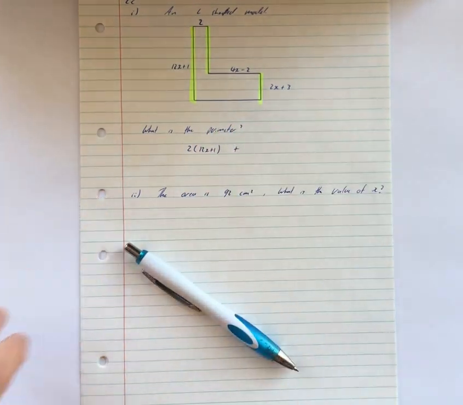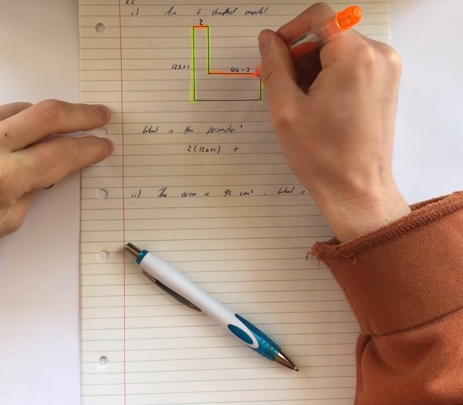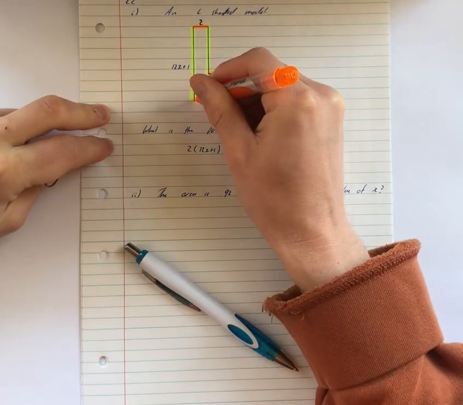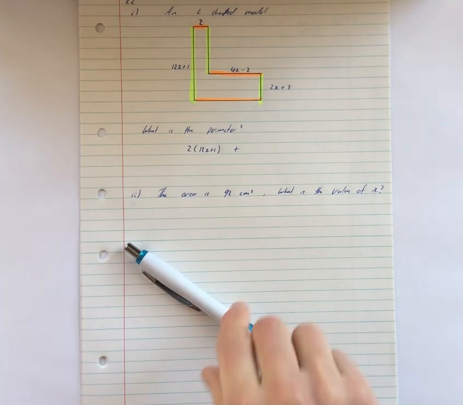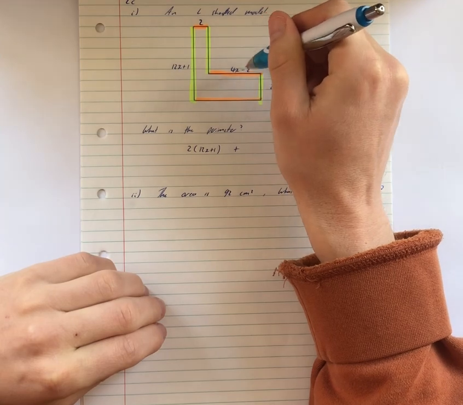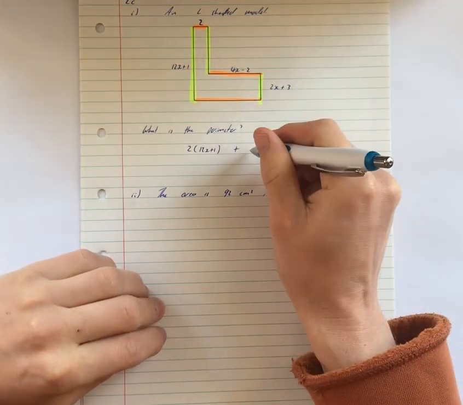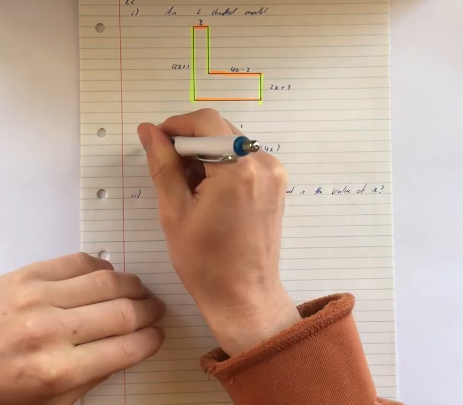Then we're just going to be adding up the 2 and the 4x minus 2 twice, because we've also got this long side, which would be the same length. So when we add these two sides, 2 plus 4x minus 2, well, that's just 4x, but we've got 2 lots of that, so 2 lots of 4x, so that's the perimeter.